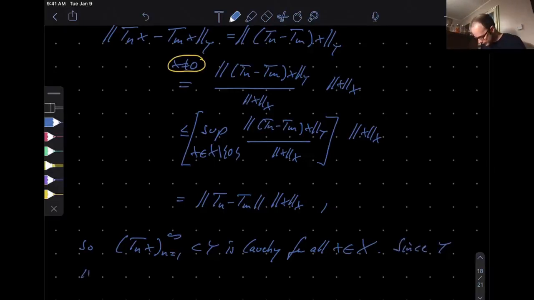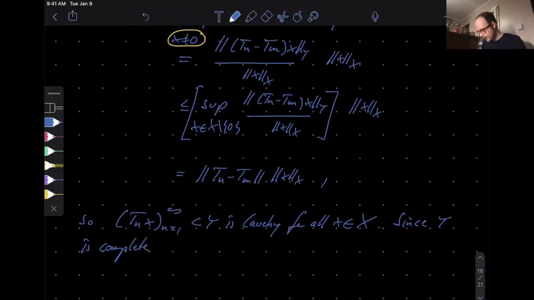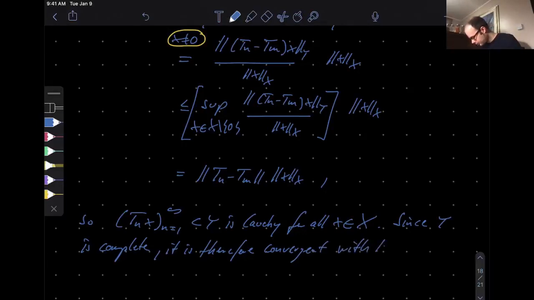Now since Y is complete, it is therefore convergent with limit, let's just call it y in Y. And this quantity y, of course, depends on the x that you insert there in the sequence Tn of x.